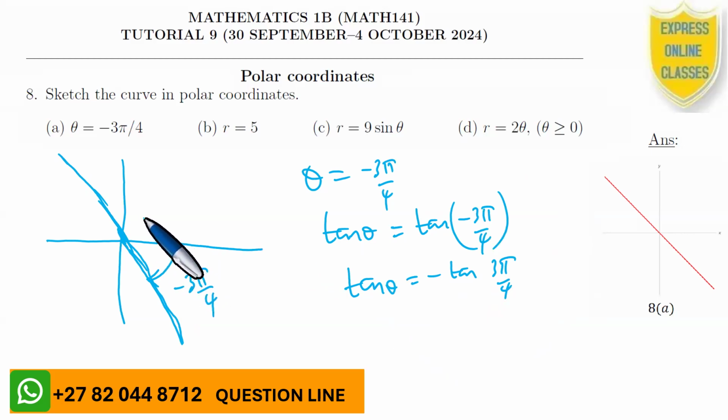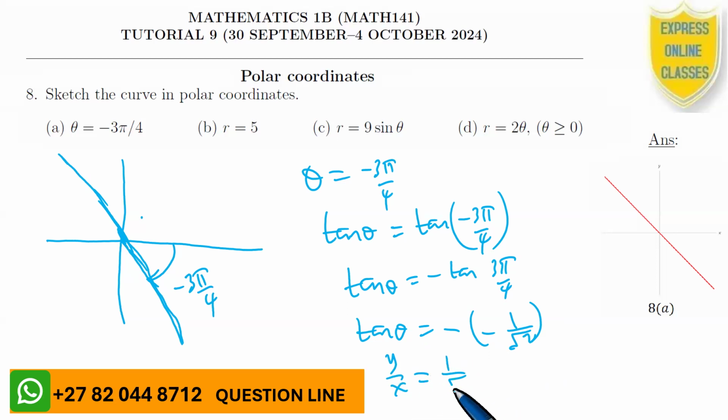Pi over 4, 2 pi over 4 is like 90, and then 3 pi over 4 is here in the second quadrant, where the tangent is negative. And then it is negative 1 over the square root of 2. Now you can see the tangent is y over x, equal to 1 over the square root of 2x.